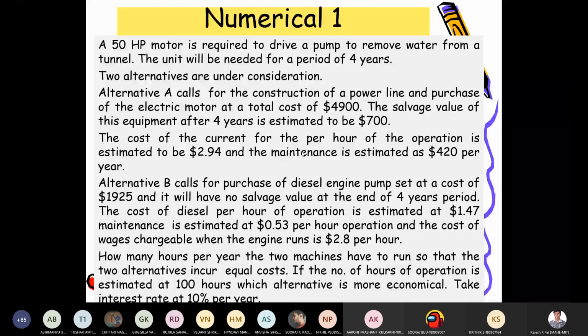Maintenance is estimated at $0.53 per hour of operation, and the cost of wages chargeable when the engine runs is $2.8 per hour. How many hours per year the two machines have to run so that the two alternatives incur equal cost? If the number of hours of operation is estimated at 100 hours, which alternative is more economical? Take interest rate at 10% per year.